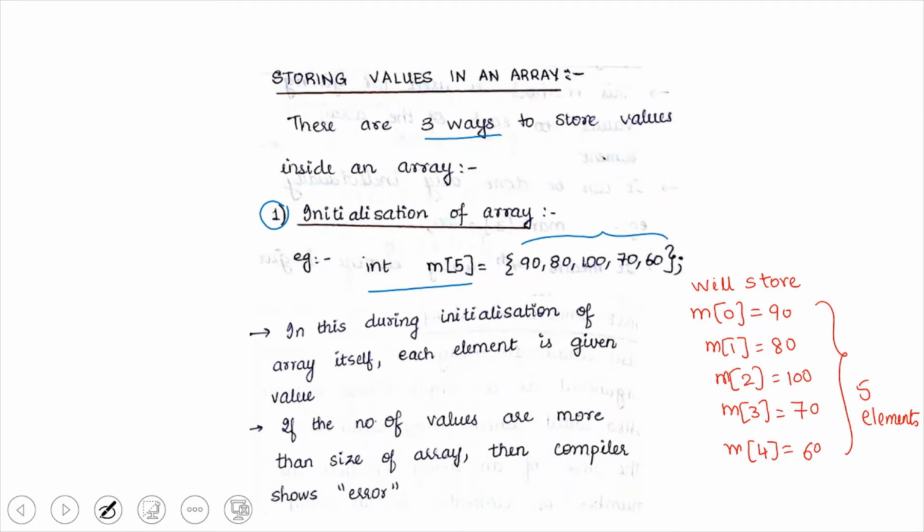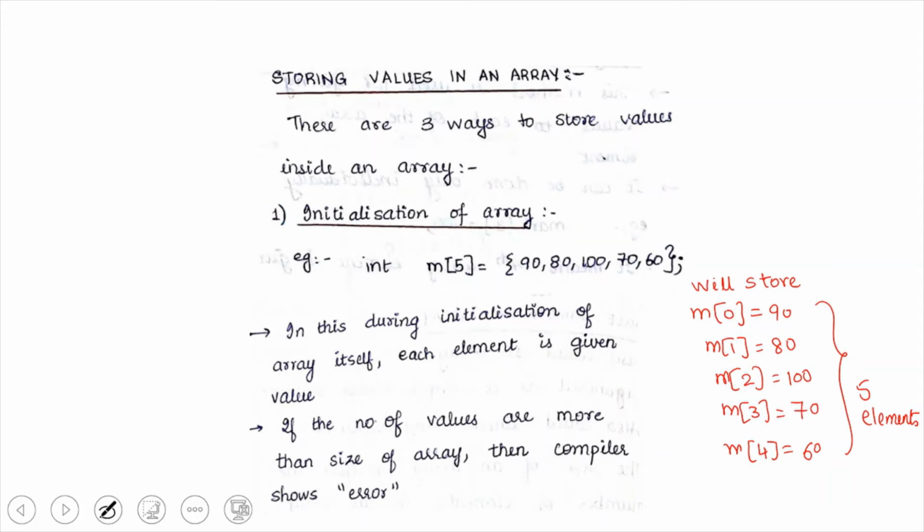So M of 0 will be 90, M of 1 will be 80, M of 2 100, M of 3 70 and M of 4 60. All this indicates the element and its value. We can give it by comma separated values inside a flower bracket. After that, remember to give a semicolon.